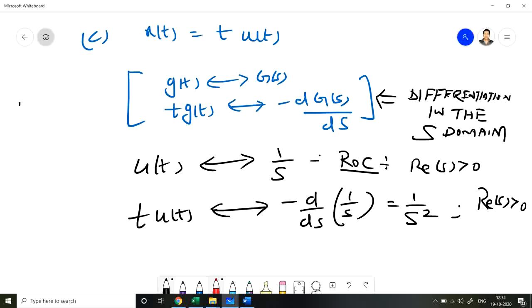So we need to find the Laplace transform of all these.